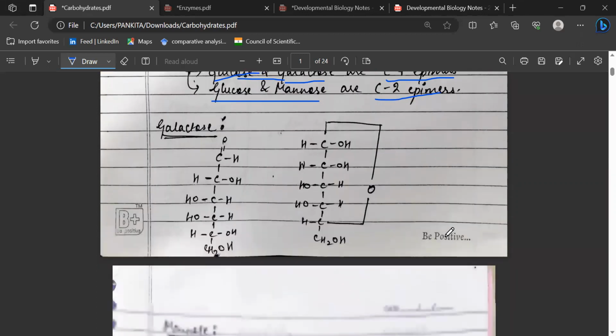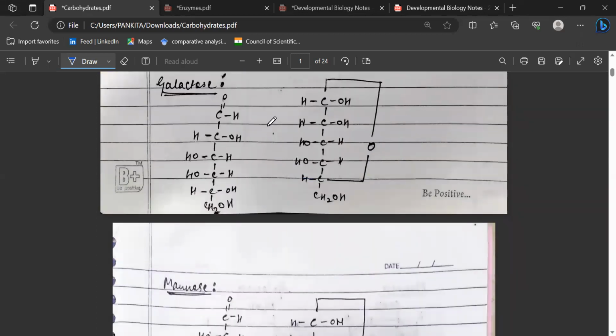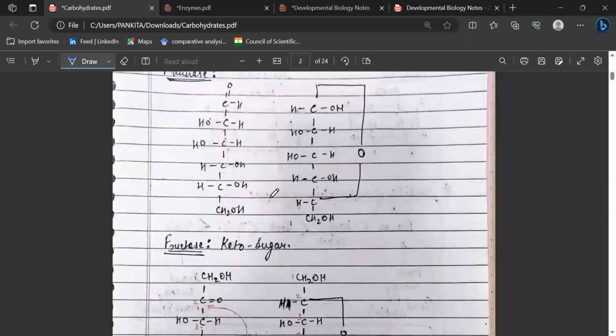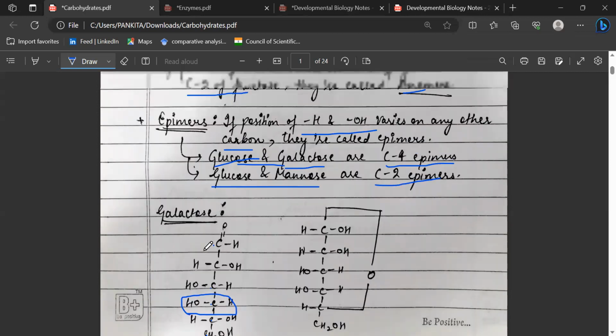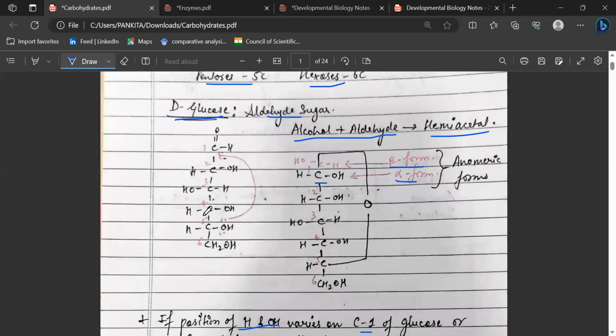We can see the structure of galactose and mannose, and we can compare them with the structure of glucose. So this is the structure of galactose. Again, it is a 6 carbon sugar, 1, 2, 3, 4, 5, 6. And since it is a C4 epimer of glucose, we can observe that this is the 4th carbon, and we can see that the OH group on the 4th carbon is on the left side in galactose, whereas the OH group on the 4th carbon in glucose is on the right hand side.